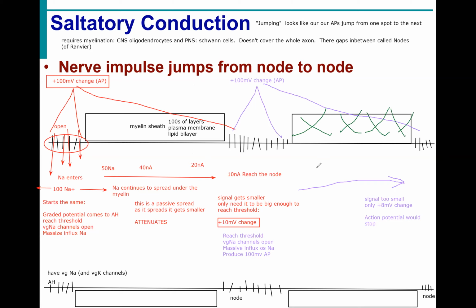If that was the case, we would lose more signal. Without the insulation, again, think of it: if you peel the insulation off a wire, the electricity can come out. If the myelin is damaged, we lose too much signal, and the action potential could fail, or really would fail.